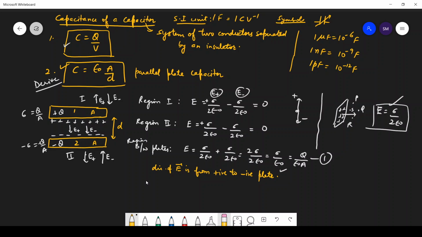Now for the uniform electric field, what is the potential difference? Potential difference is equal to E D, we did it yesterday. So V, the potential difference between the plates, is equal to E into D. These are the two charges, plus Q and minus Q. And now, what is E?